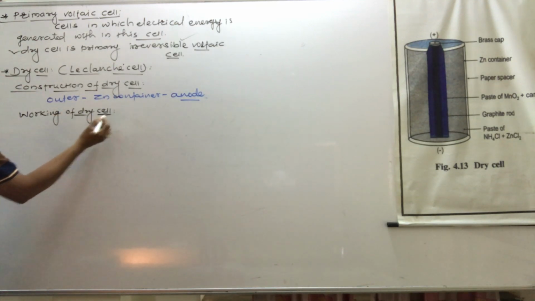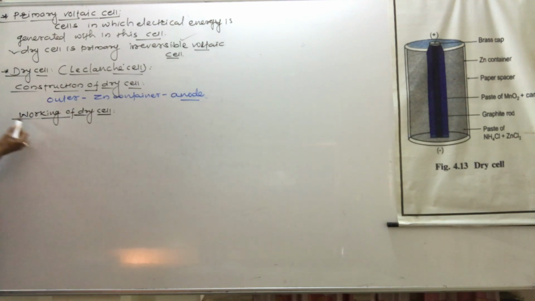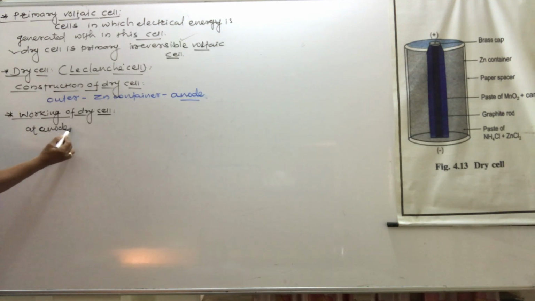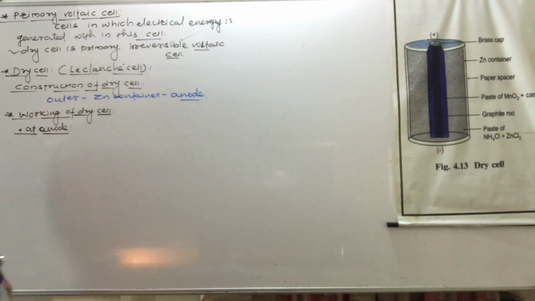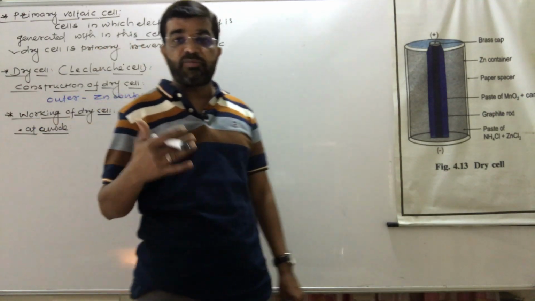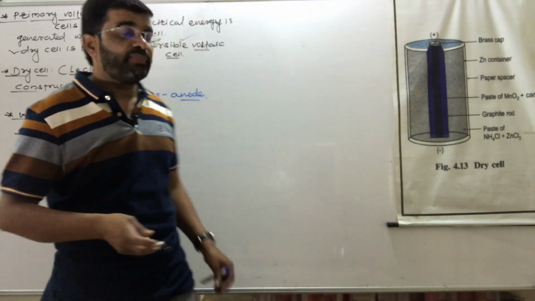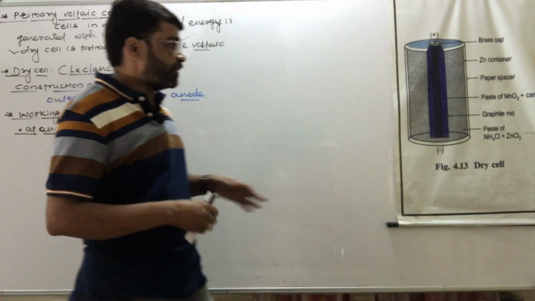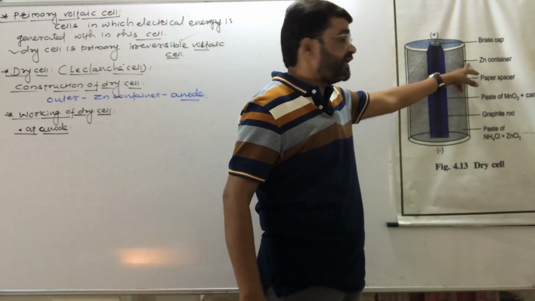Dry cell is a primary irreversible galvanic cell. Now during the working, what reactions take place at the anode? Then we have to study the reaction that takes place at the cathode, and the overall cell reaction. At the anode, this zinc container is the anode.